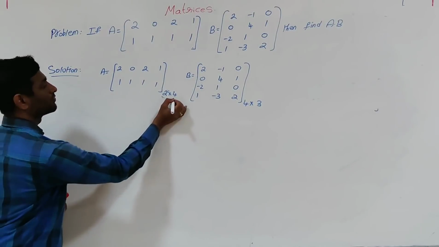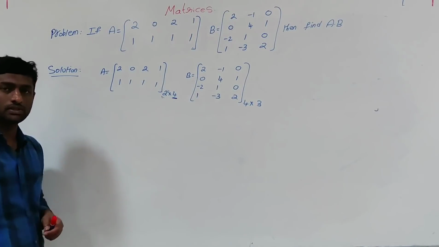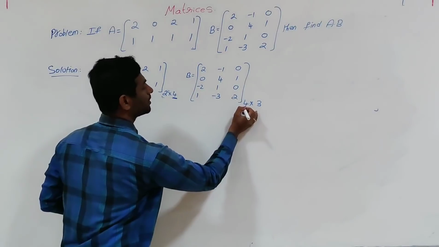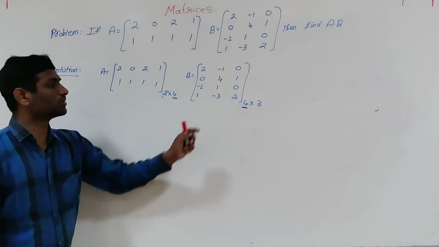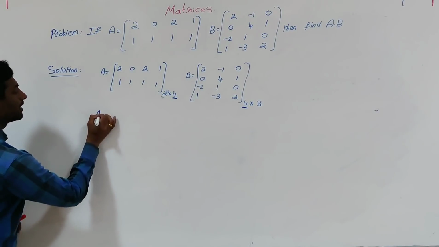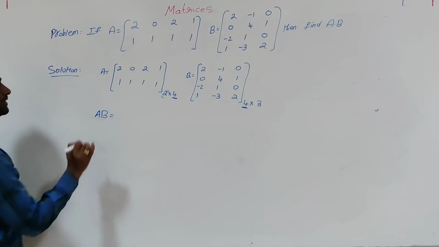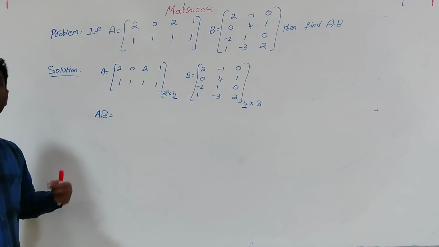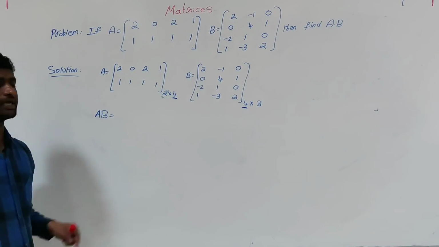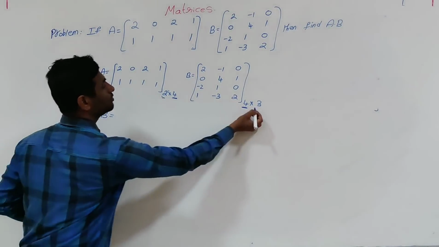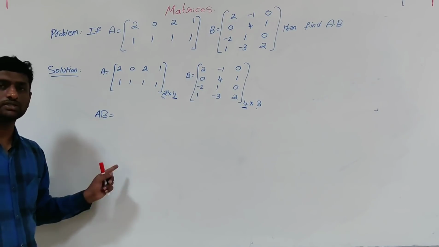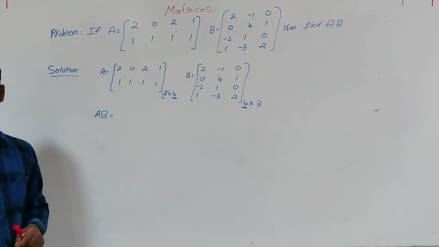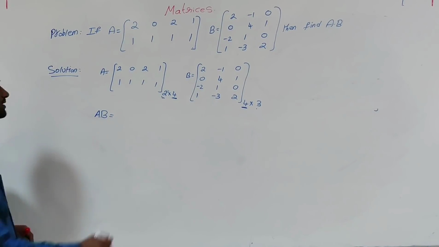As the number of columns of the first matrix is the same as the number of rows of the second matrix, 4 and 4, we can have a matrix multiplication. The size will be 2 by 3, meaning the product consists of 2 rows and 3 columns. And how the elements will be.